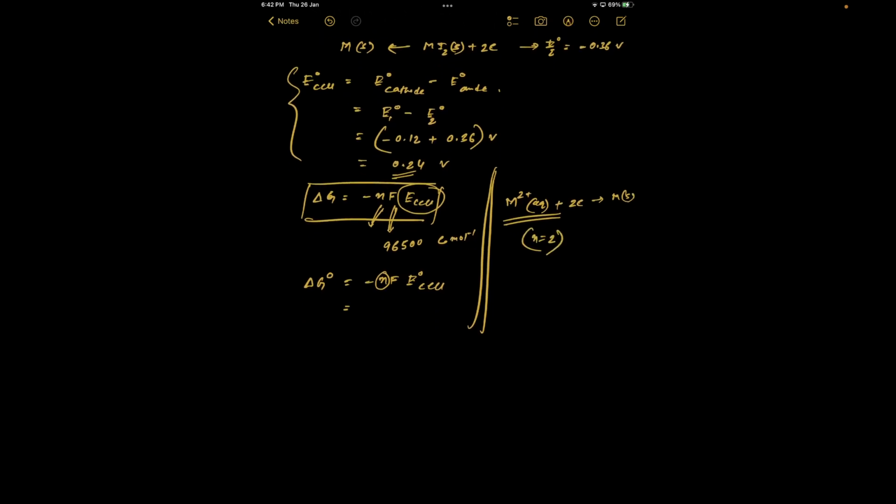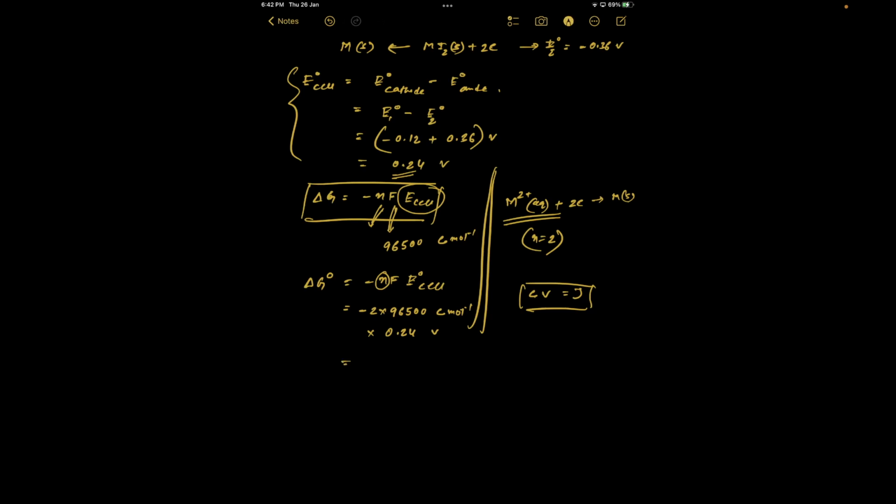So delta G0, which is the free energy change, will be equal to minus 2 times 96,500 coulomb mole inverse times, so the unit of Faraday is actually coulomb mole inverse, and E0 cell is 0.24 volt. Now remember that coulomb times volt equals joule.